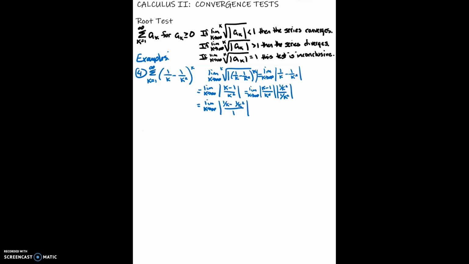Meaning the limit of the numerator, we end up with (0 − 0)/1, which is 0, which, by the way, is less than 1. If this limit is less than 1, then we know that our series converges. Not too bad.